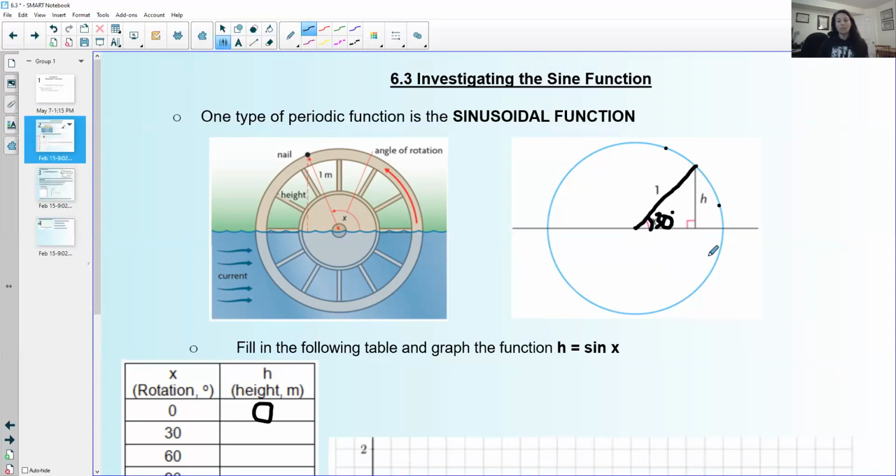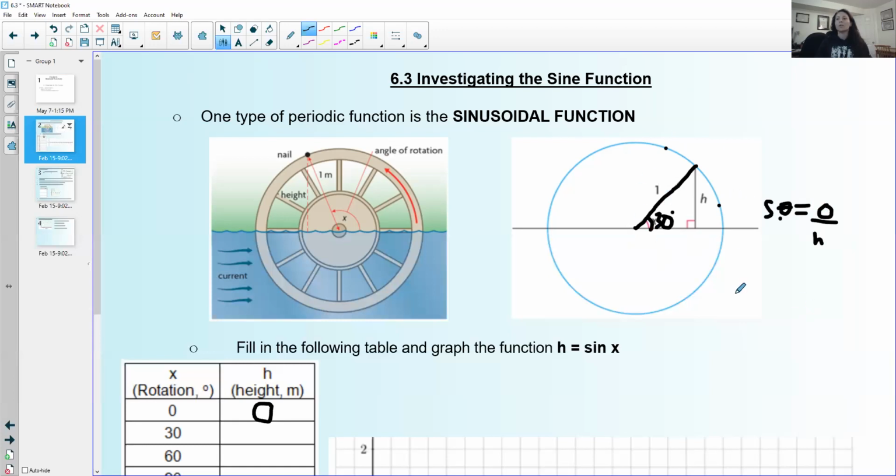If you go back to your trig ratios and think about SOHCAHTOA, this is the opposite to the angle, and this is the hypotenuse. So opposite and hypotenuse deal with your sine ratio. So sine of theta equals the opposite over the hypotenuse.